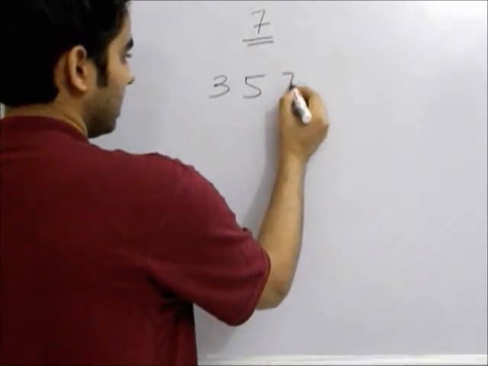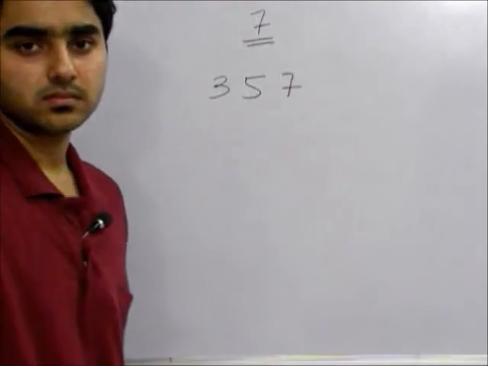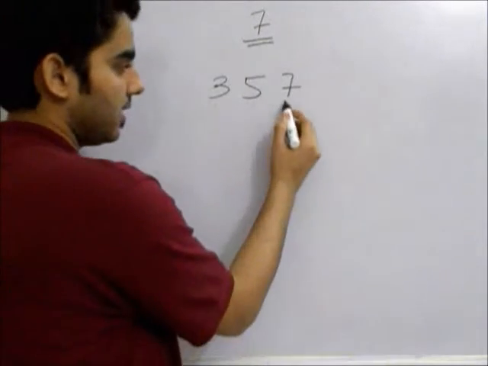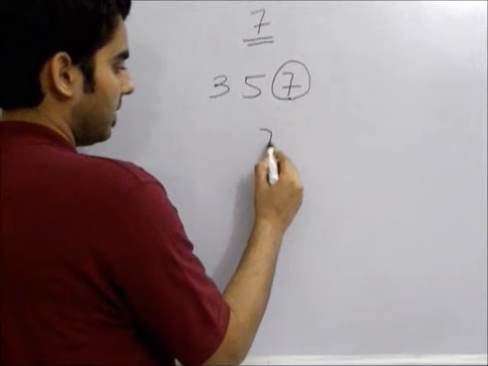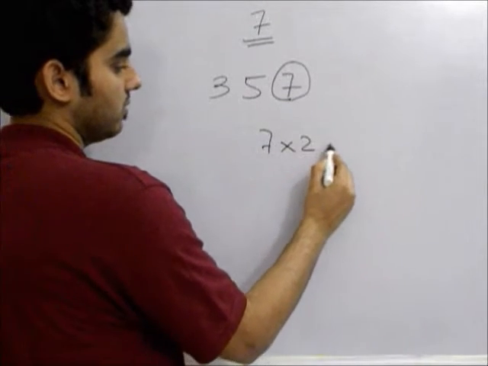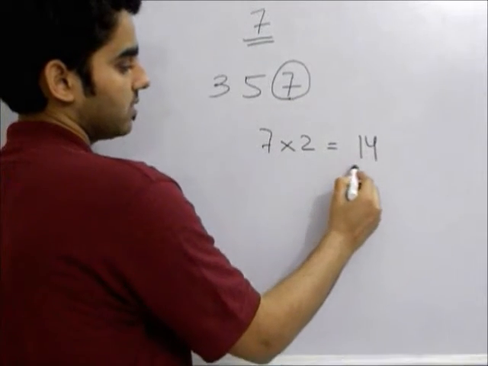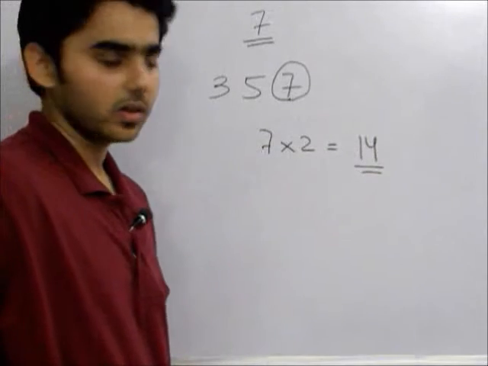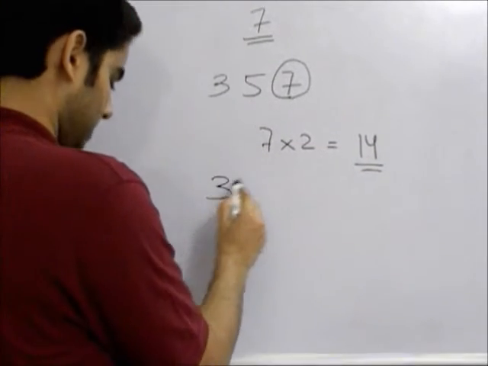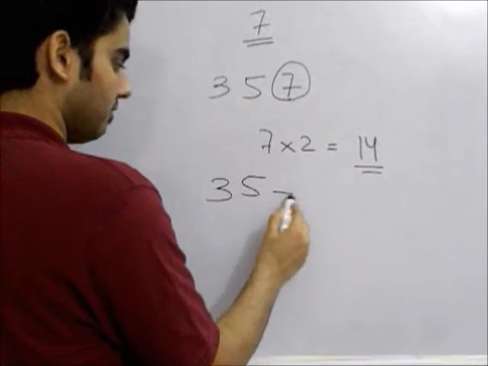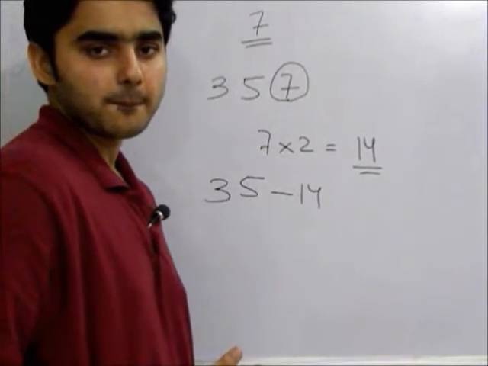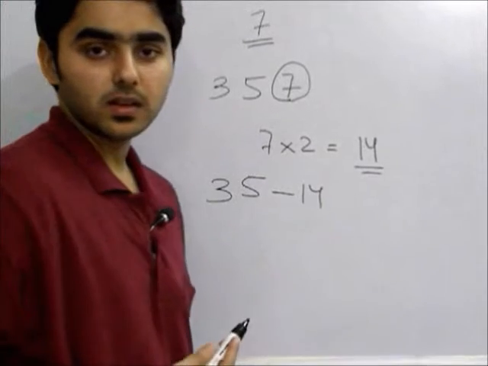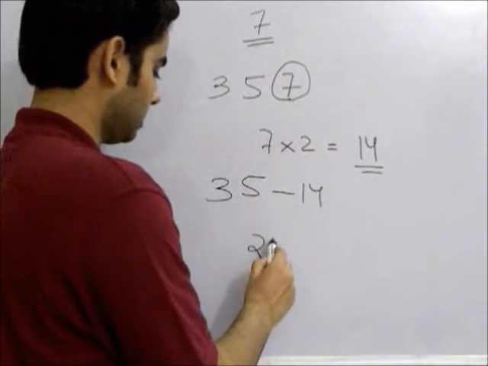Let's say that the number is 357. This is the last digit of the number. You multiply it by 2, which gives us 14. We subtract 14 from 35, which gives us 21.